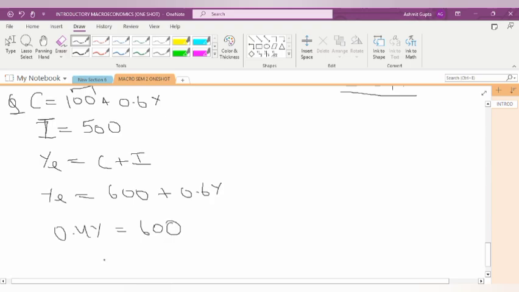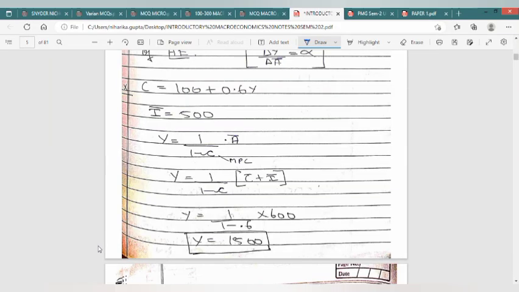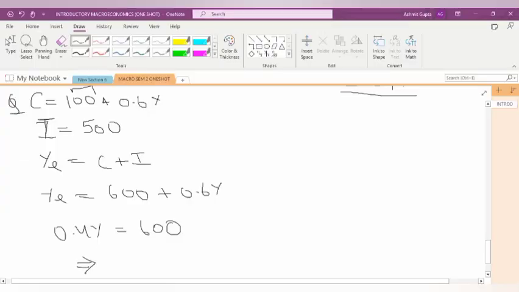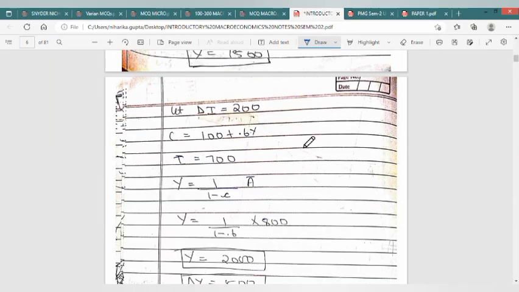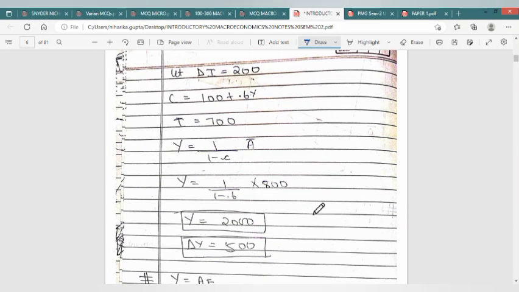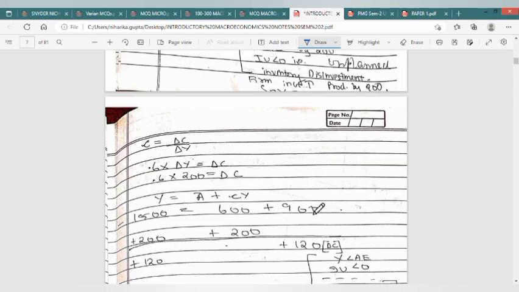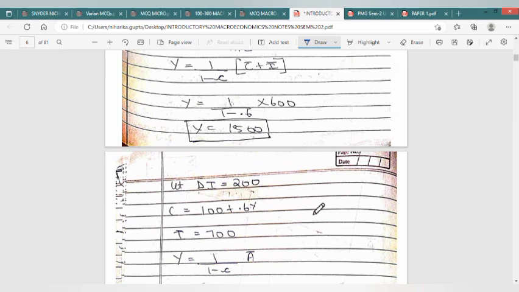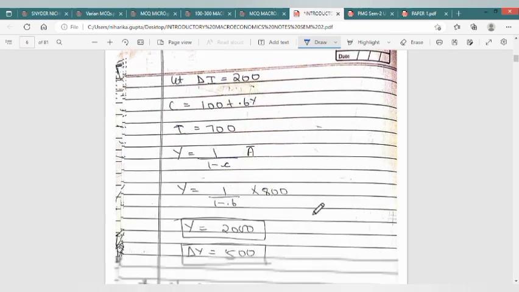Now moving forward, we get 0.4Y equals 600. Then we get YE as 1500.